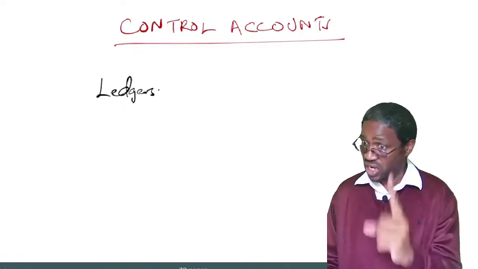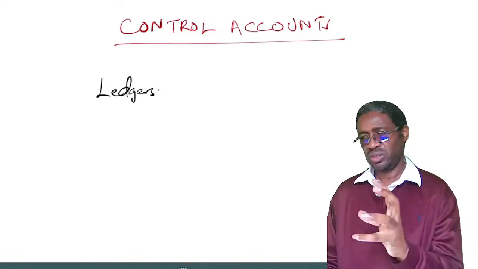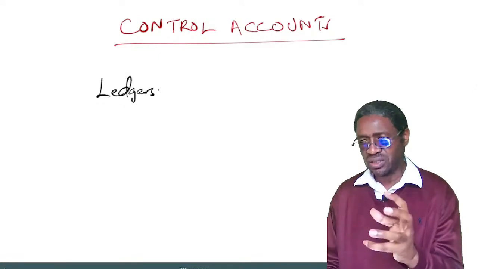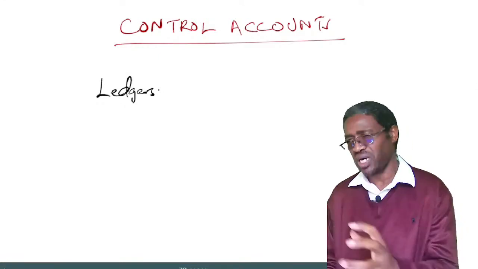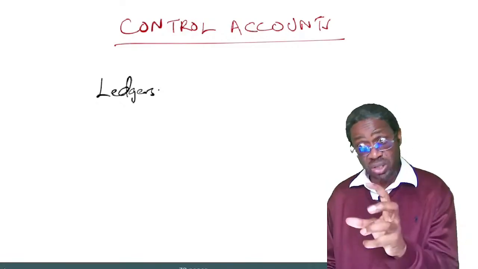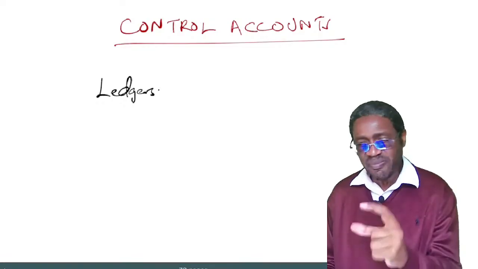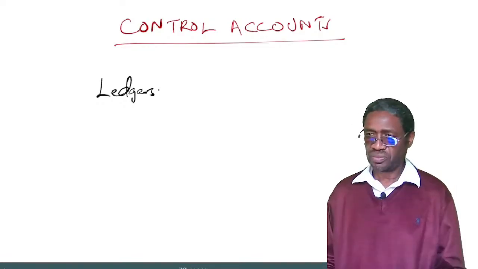Ledgers are not accounts. Ledgers are books that contain similar accounts. A ledger is a book that contains accounts of a similar nature.